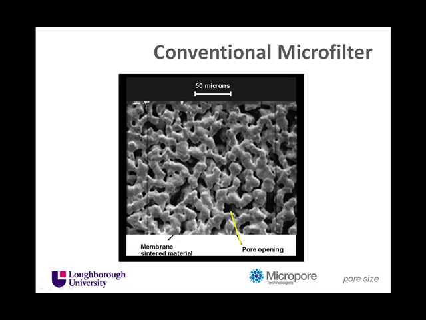This is a sintered conventional microfilter, and in membrane microfiltration this wouldn't be a terribly big issue. It just means material gets stuck inside the filter. But membrane emulsification is critically dependent on the surface of the filter. So this irregular surface becomes a bit of a problem to us in membrane emulsification.